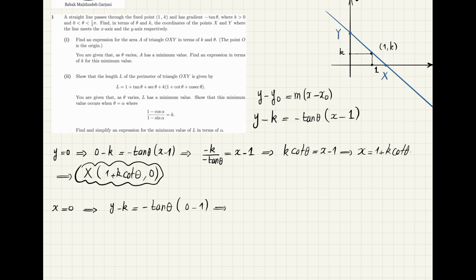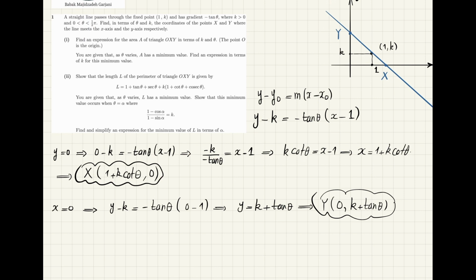But then this becomes positive tangent, and I move k to the right hand side, so it becomes k plus tangent of theta. So what I can write is that the point Y has x coordinate 0 and y coordinate k plus tangent of theta.